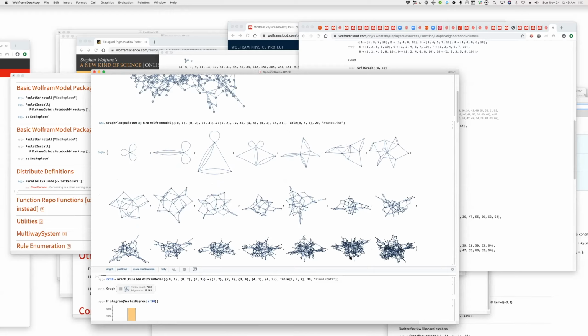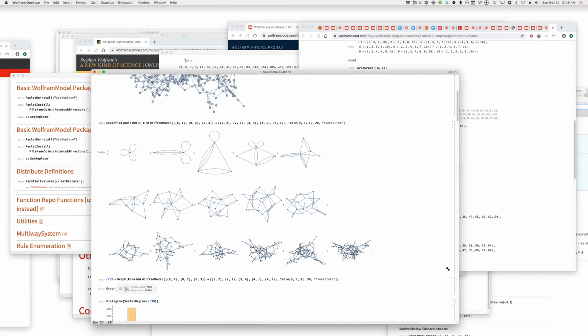So 40 steps has 250,000 edges at the last step. And it takes about 2.5 minutes to get it. Okay. What can you say?